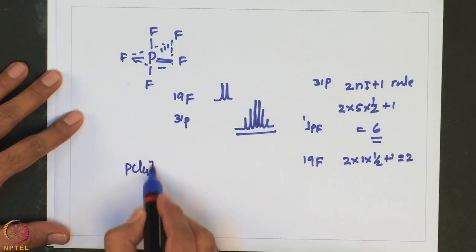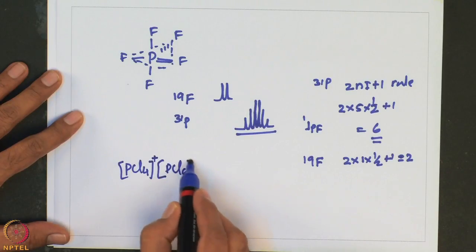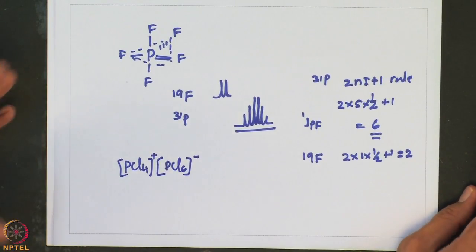You should remember always axial bonds are a little longer. In the solid state, PCl5 has a totally different structure. It is ionic and made up of PCl4 plus and PCl6 minus.